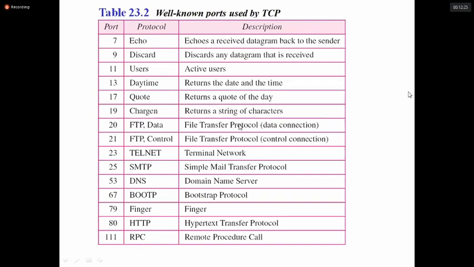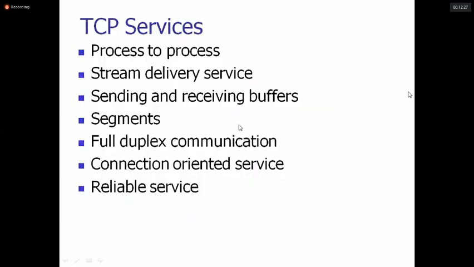With this idea, let me go into the concept of the TCP services. The first one I need not mention: it is process-to-process communication, which all of us are aware of. One more very important service of TCP is the stream delivery service.